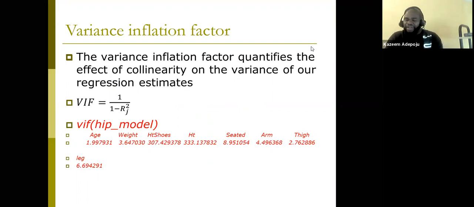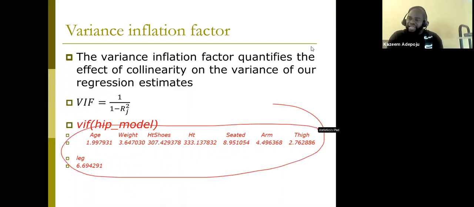Okay. And after doing that, I'm actually going to have access to the VIF of all the models. Take a look at that. And you know what? I'm actually going to remove predictors whose VIF value is greater than 5.